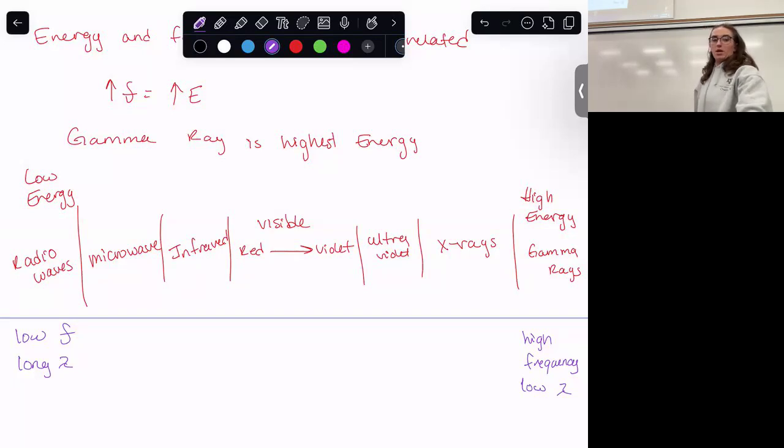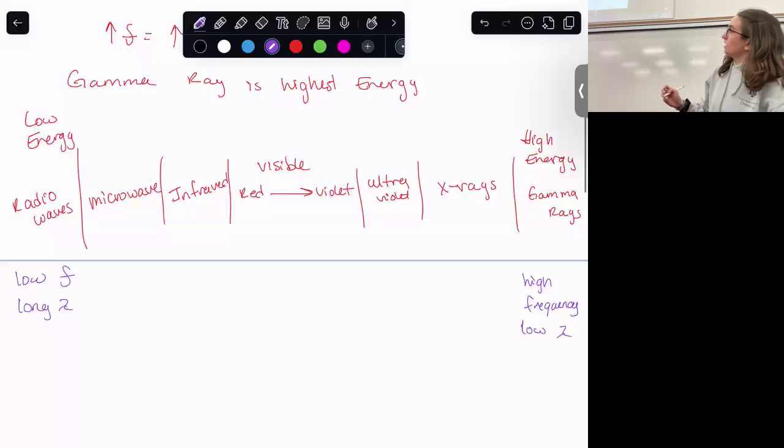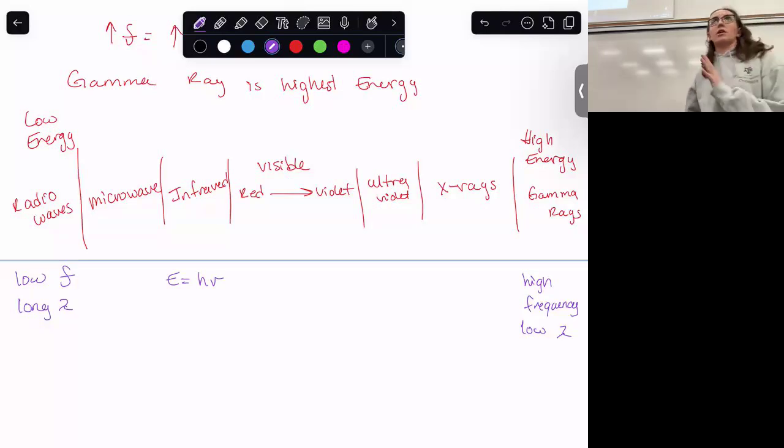Okay. So then the other thing that we can talk about is, right, energy is related to a constant times frequency. So again, this shows you that h is a constant. It's Planck's constant that will be given to you.